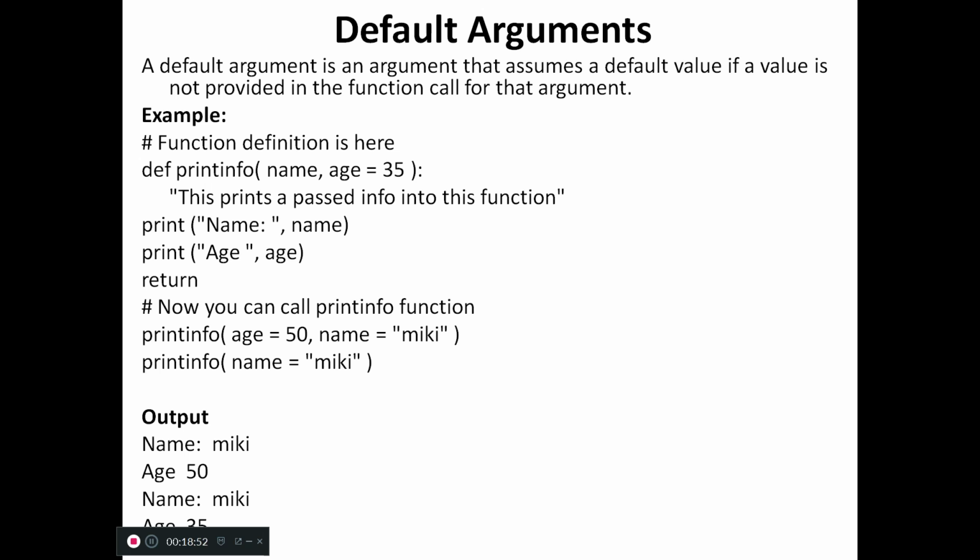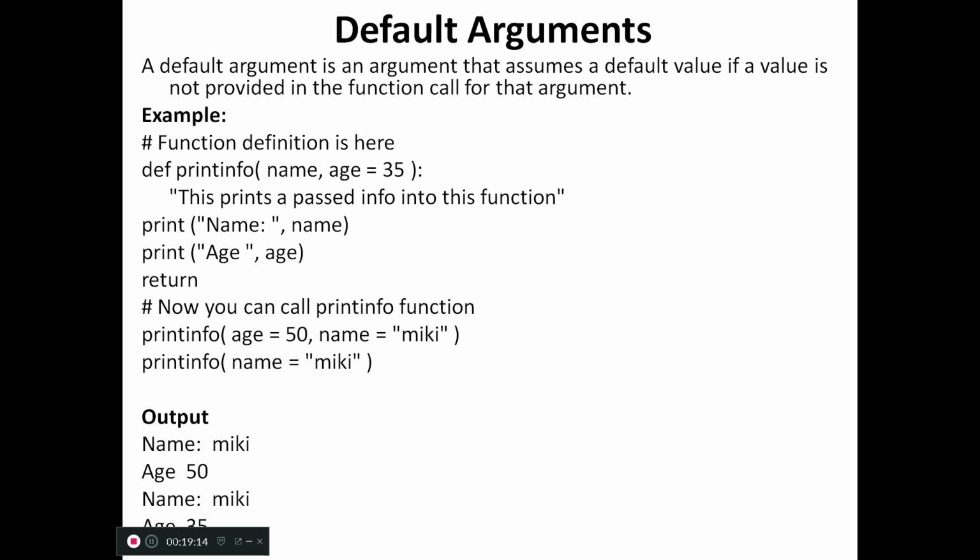It prints the default age if it is not passed. Like in our last example, what we checked with keyword arguments, we provided the keywords; in default arguments, let's see what will happen.